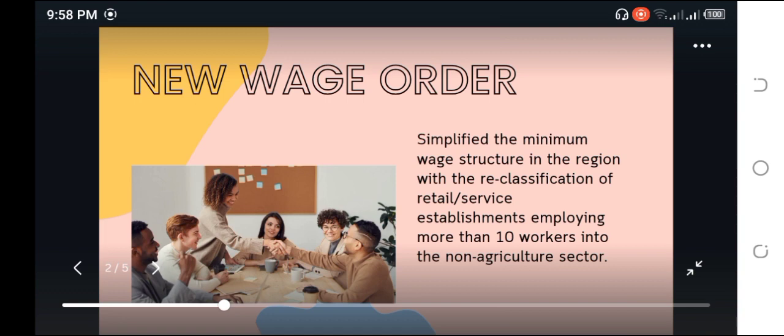To simplify the minimum wage structure, this involves classifying retail and service establishments with more than 10 employees into the non-agriculture sector. The goal is to bring clarity and ensure that these businesses adhere to the appropriate wage regulations for their sector.